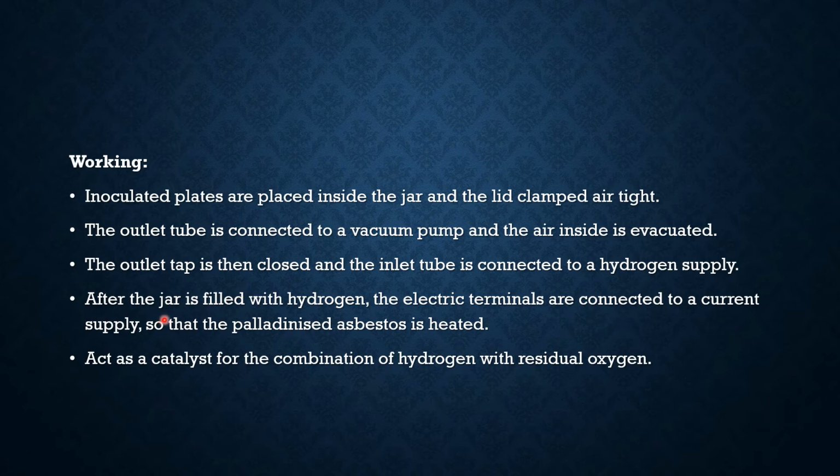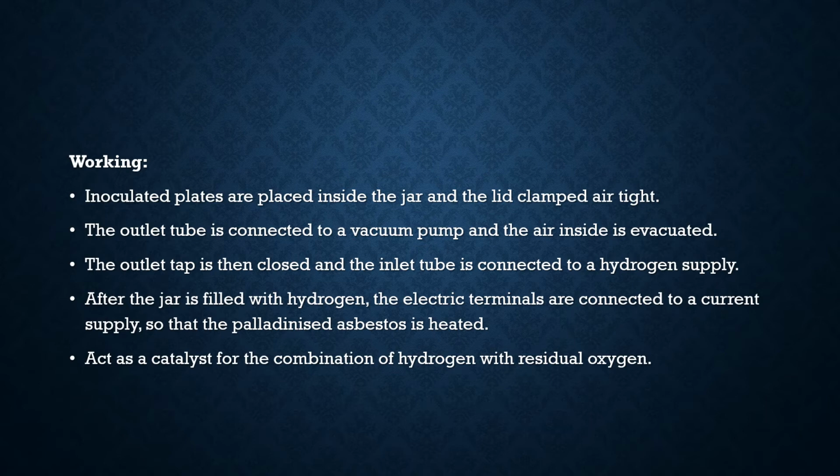After the jar is filled with hydrogen, the electric terminals are connected to a current supply so that the platinized asbestos is heated and acts as a catalyst for the combination of hydrogen and the residual oxygen.